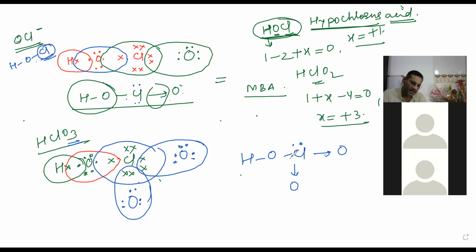Here HClO3, 1 plus X minus 6 is equal to 0. So X will be plus 5. So here the oxidation number of Cl is plus 5. Now I will go to the next one.